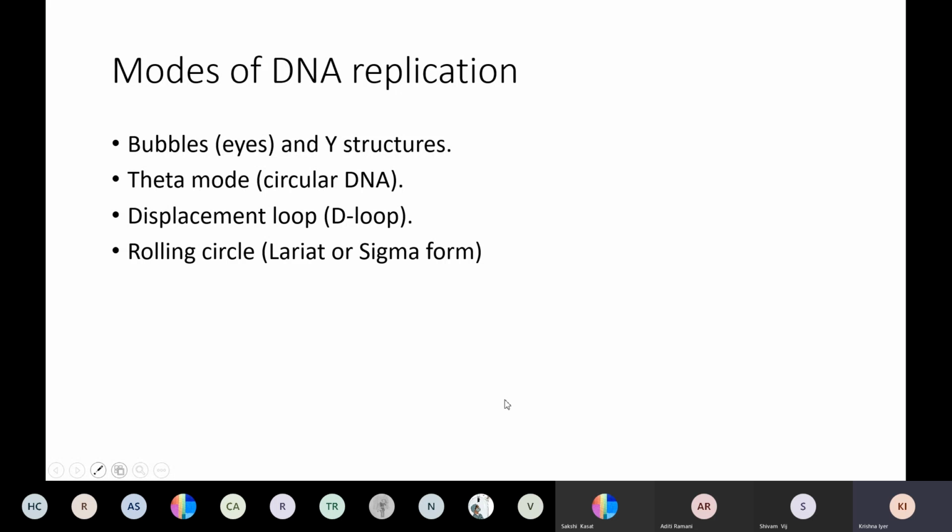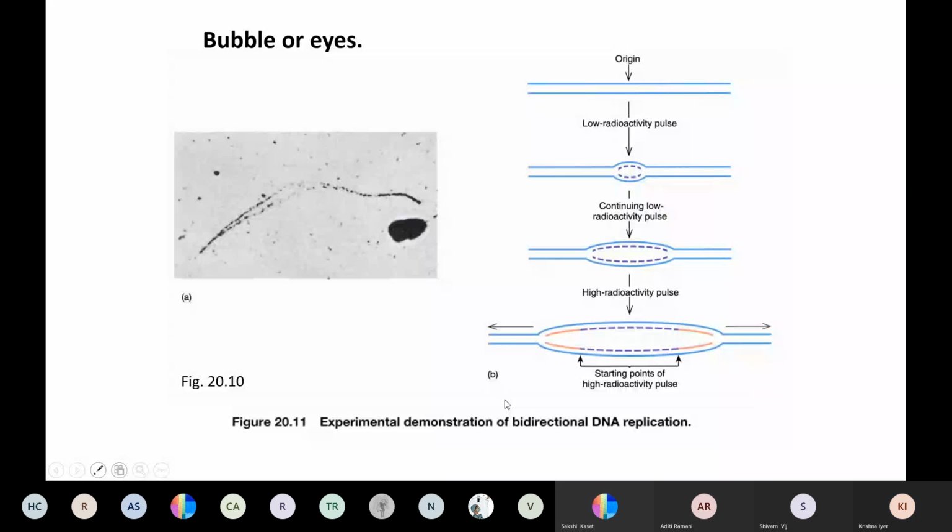And then we talk about D loop and rolling circle because we have mitochondria, and rolling circle is seen in many viruses which switch between linear and circular DNA. So these are the 4, but there are other variations of how DNA can get replicated. This is not the complete list. Okay, does that answer your question? Yes, sir.